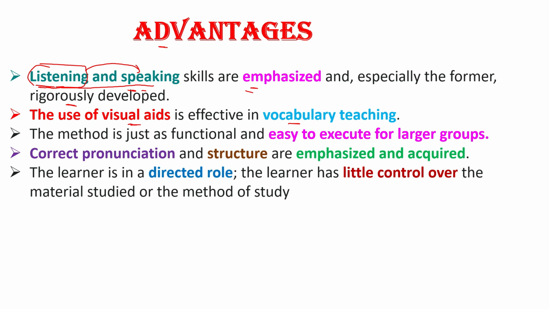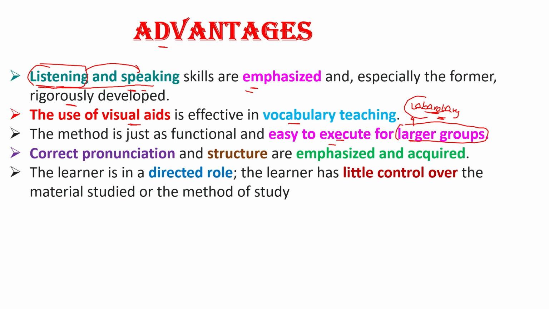The method is just as functional and easy to execute for larger groups. Yes, this method, like we discussed in the structural method. In the structural method, what happens? It is not useful for larger groups or larger classes, because the teacher cannot teach each student effectively. But coming to here, the audiolingual method is easy to execute because the laboratory is available, teaching aids are available, and oral drills.